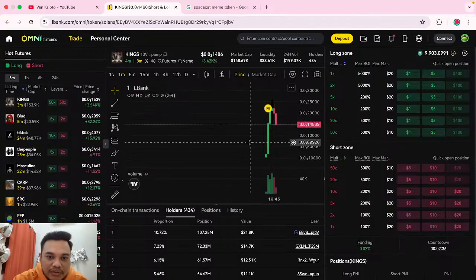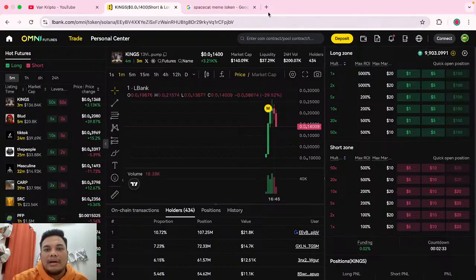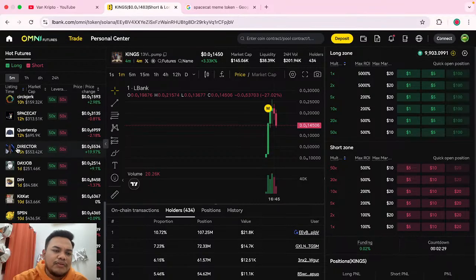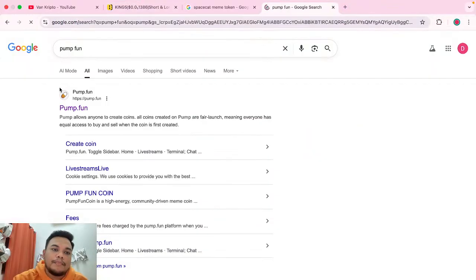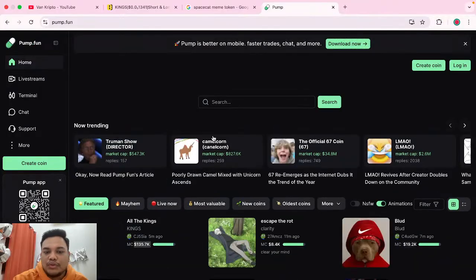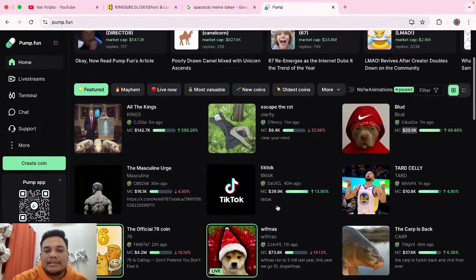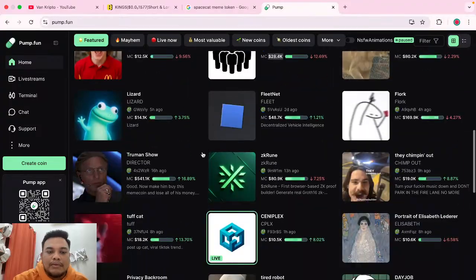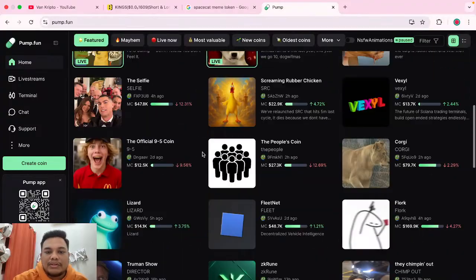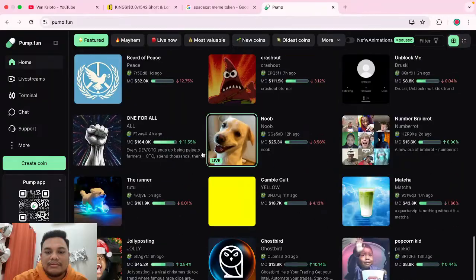Logically, if you're looking for coins that are not listed here, probably you can find them on the Pump.fun platform, right? But I'm not sure how to use it. I'm not really sure if we can really trade the coin there. And I really don't want to know, because what the hell is this, man?